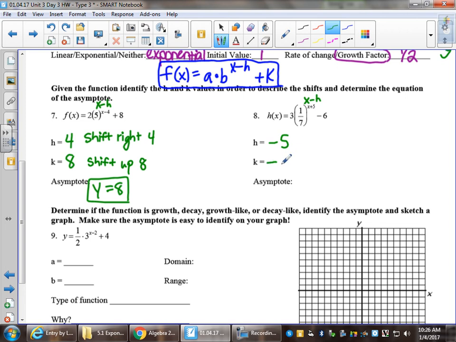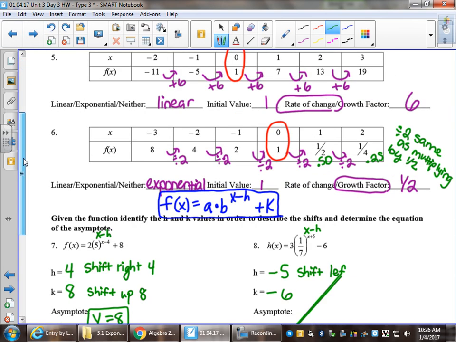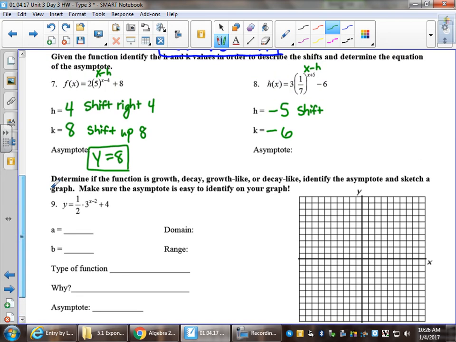K is negative 6. This is a shift left 5. Shift down 6.